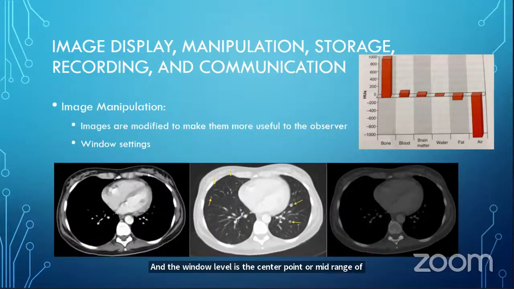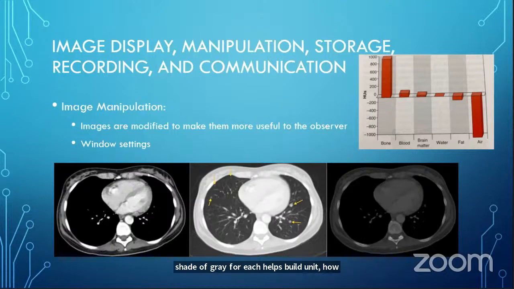So interestingly enough, the CT Hounsfield scale goes from -1,000 to about 3,000, where -1,000 corresponds to air and 0 corresponds to water, and 3,000 corresponds to dense bone. In an ideal world, the image would be displayed with a different shade of gray for each Hounsfield unit.